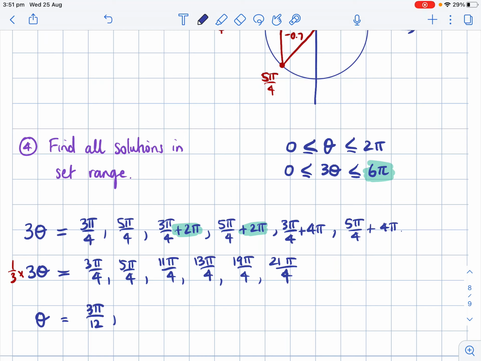And 3 pi on 12 we can simplify to just 1 pi on 4. So 5 pi on 12 is the next one, can't be simplified. 11 pi on 12 can't be simplified. 13 pi on 12 can't be simplified.